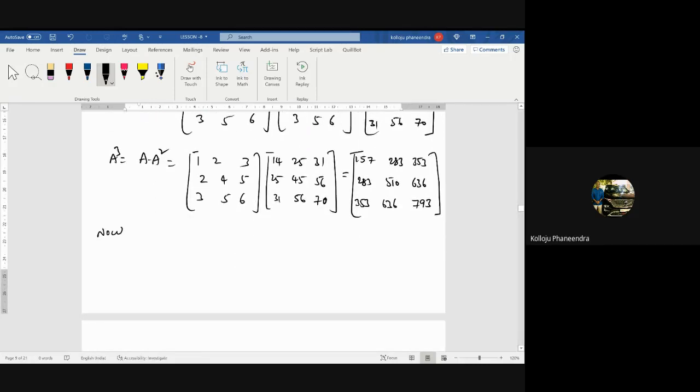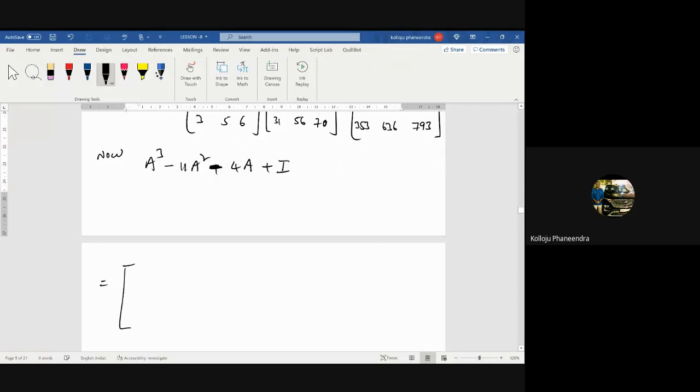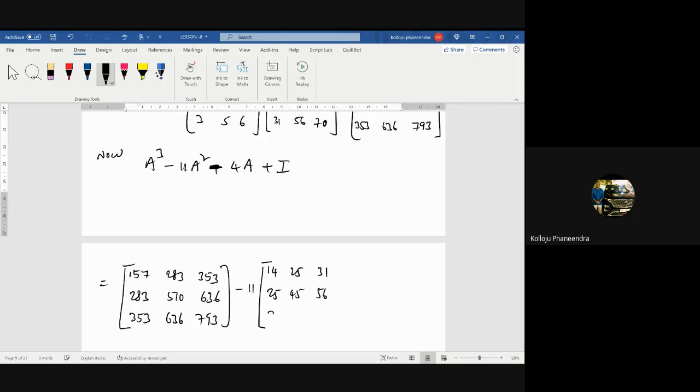Now, verification. What is the statement? A cube minus 11A square minus 4A plus I equal to, I will write here, A cube, 157, 283, 353, 283, 510, 636, 353, 636, 793, minus 11 into 14, 25, 31, 25, 45, 56, 31, 56, 70. 11A square is over.